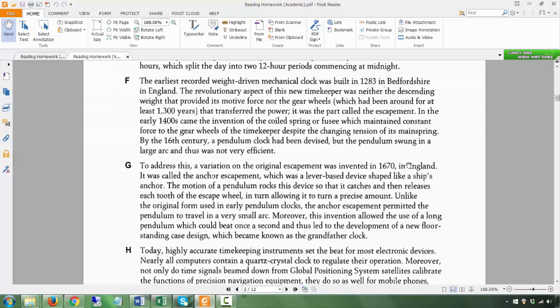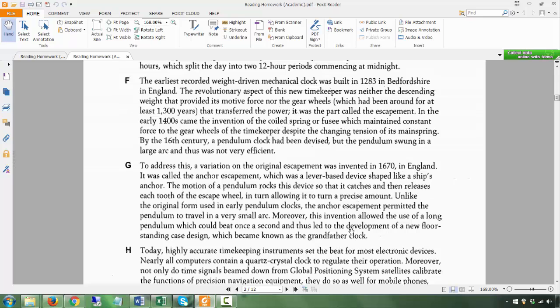Maybe you don't have to have the word English, but at least you know people from England are called English. And this invention allowed the development of a new floor standing case design, which became known as the grandfather clock. If you're not sure about the grandfather clock, go to images.google.com and click on grandfather clock. I guess that is common in the Western world.